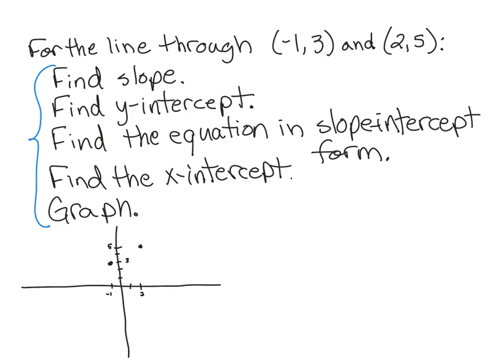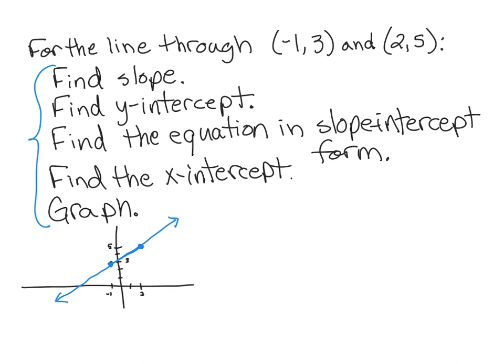That makes a point right there. I'm going to connect the dots with as fine a line as I possibly can. And I'm telling you right now, you cannot find your x and y intercepts by looking at that graph, okay? Don't even attempt it. You got to do the math.